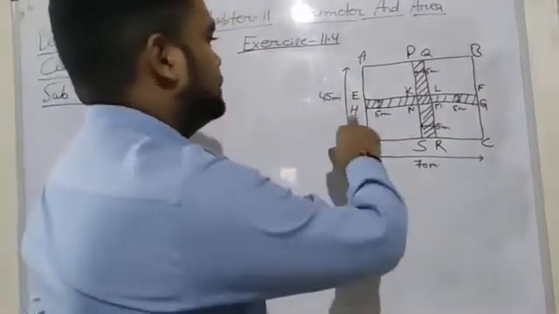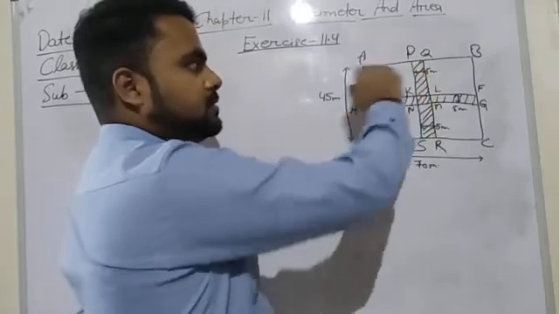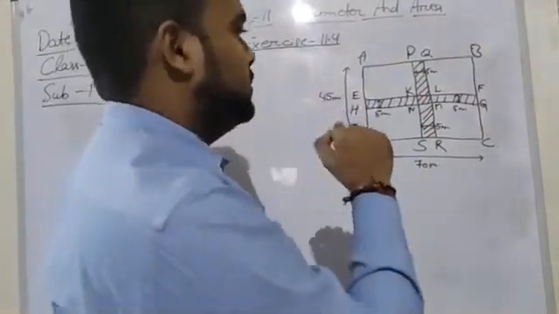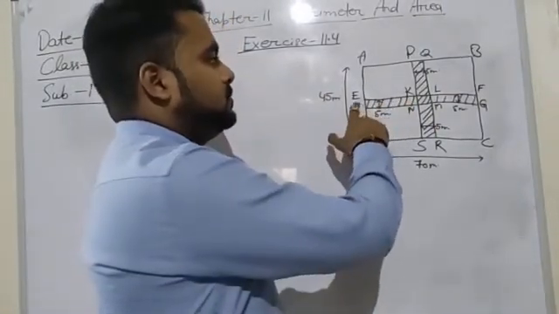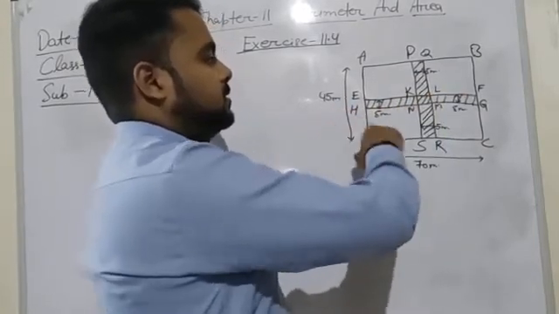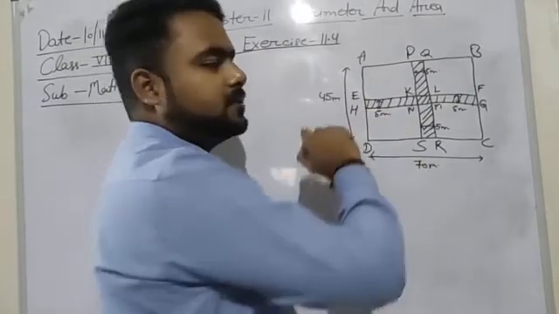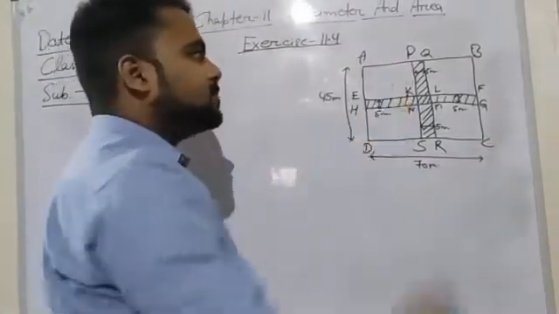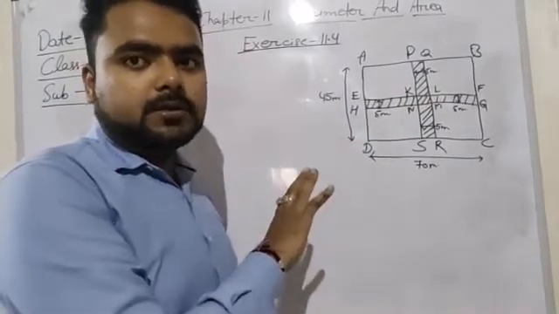So 45 meter is the width of the rectangle PQRS, and what is the length of PQRS? That is 5 meter. Okay, and what is the length of EFGH? That is 70 meter, that is given, and what is the width? That is 5 meter, which is given, that the width of the path all over the field is 5 meter.